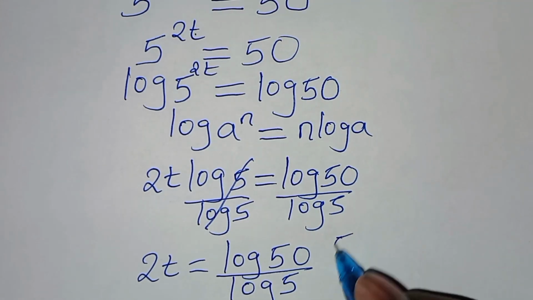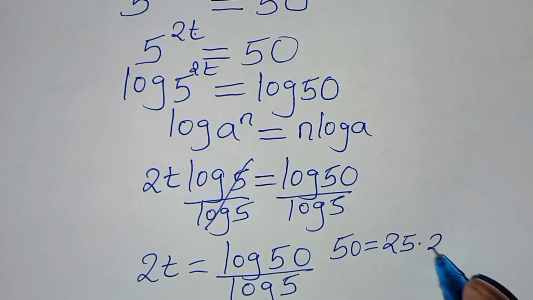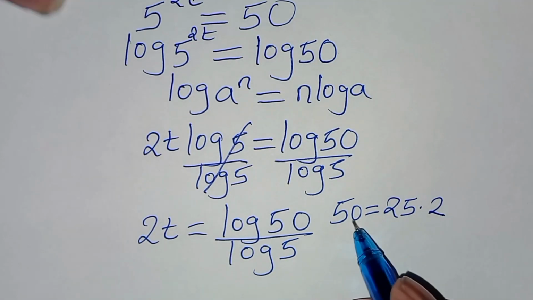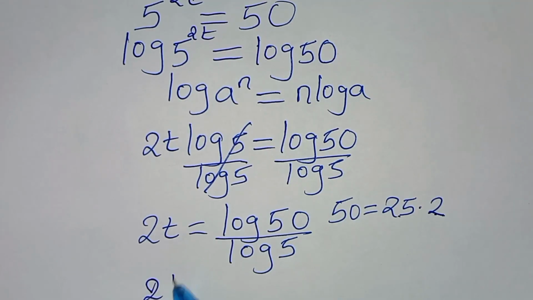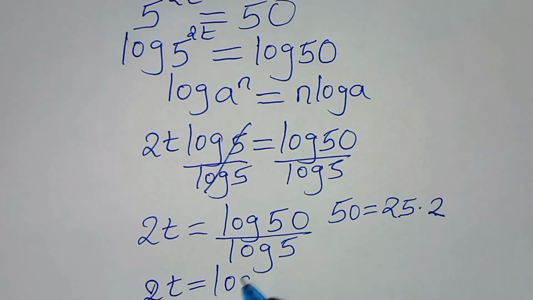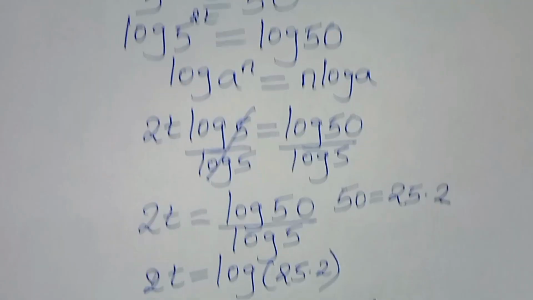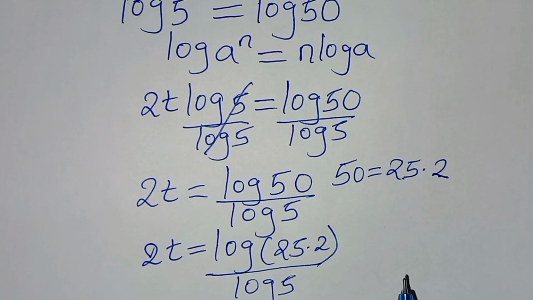Now we can express 50 as 25 multiplied by 2. So let's substitute this. We'll have 2t equal to log of 25 multiplied by 2, all divided by log 5.